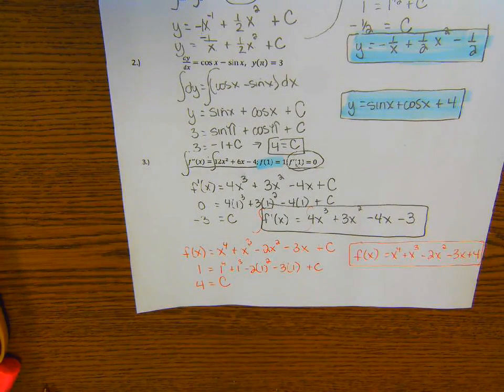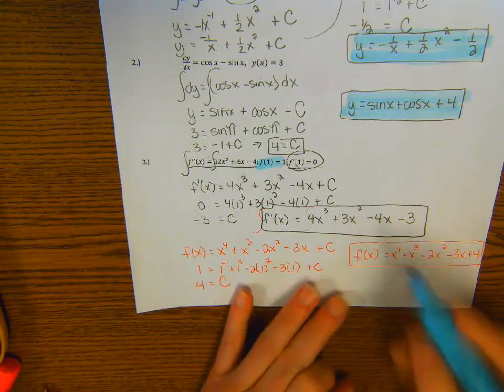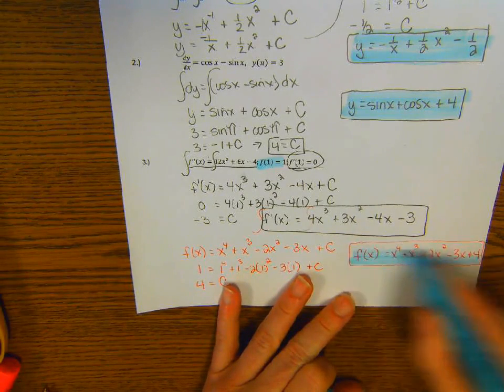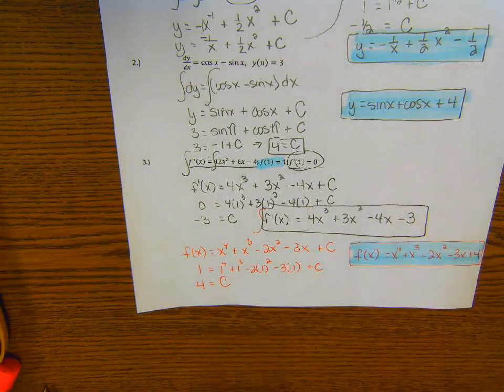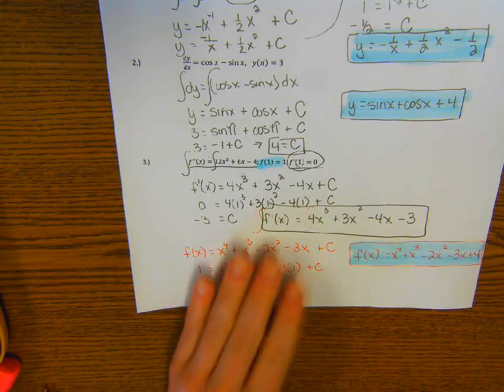Now, how does this relate to position, velocity, and acceleration? So let's just do one of the examples. I'll do 4 having to do with that. When we went forward, the derivative of a position function was its velocity function, correct? The derivative of the velocity function was its acceleration.